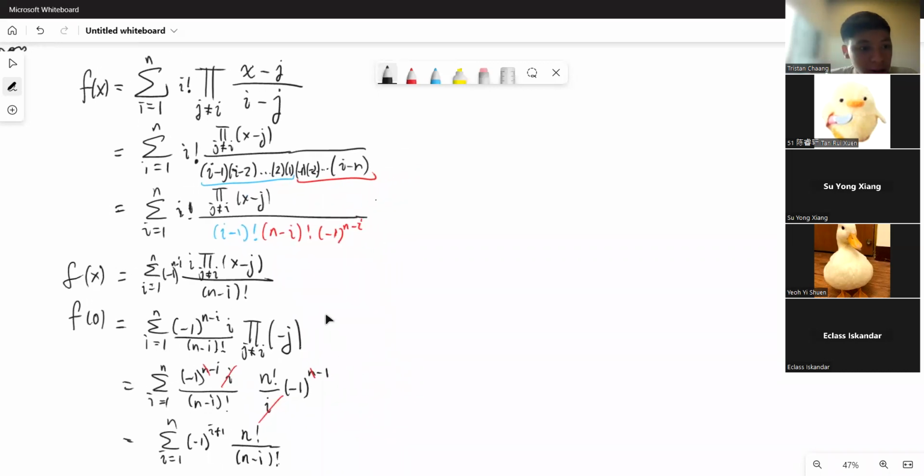On the fourth line, where did the i factorial go? I cancelled it with this one. I factorial, I just cancel it with i minus 1 factorial. So we're just left with i. Yep.